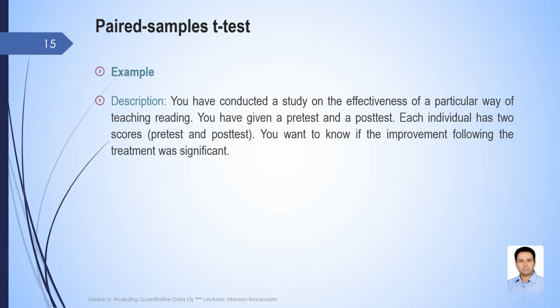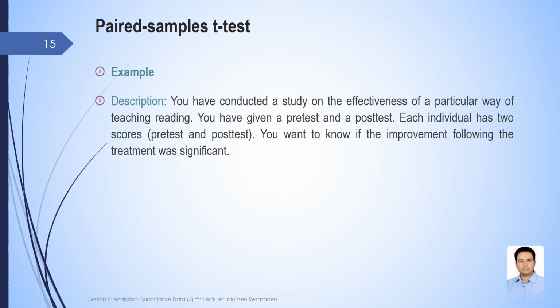So here you have one group and you want to see the effect of, for example, a method of teaching reading. Prior to this instruction of reading, you administer a pretest. Then you start, for example, teaching for 5 sessions. And then you administer a post-test.